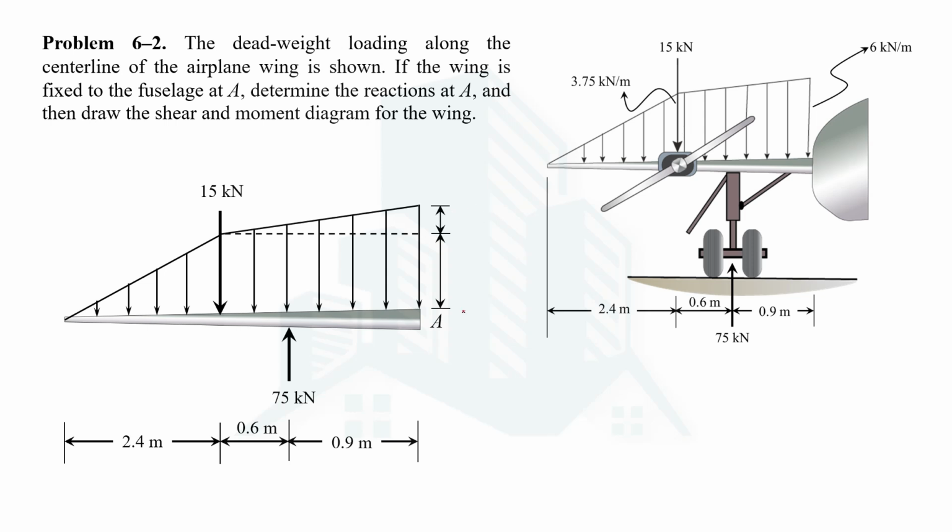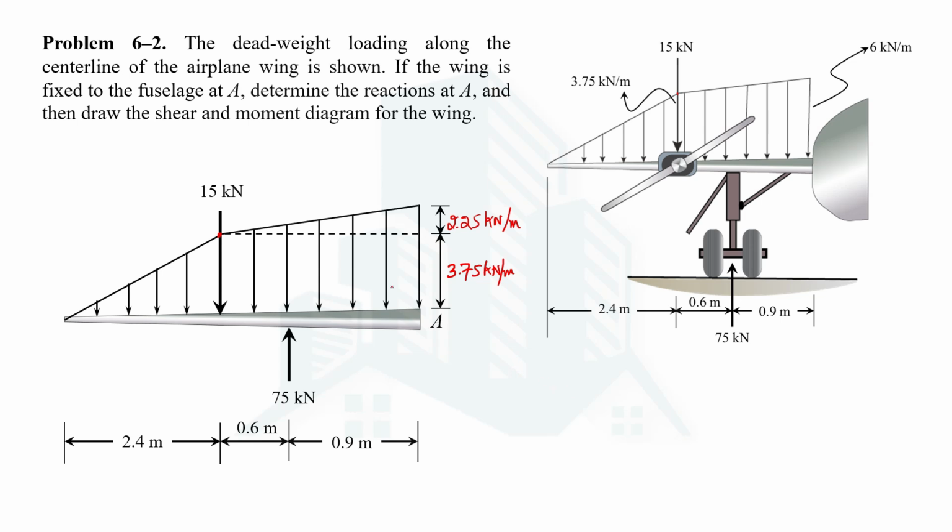Since the total is 6 kilonewton per meter, and up till this point you can see it is 3.75, so this is 3.75 kilonewton per meter. The rest is actually 2.25 kilonewton per meter, because the total is 6 kilonewton per meter, and up to this point we know it's 3.75, so 3.75 plus 2.25 will make it 6.